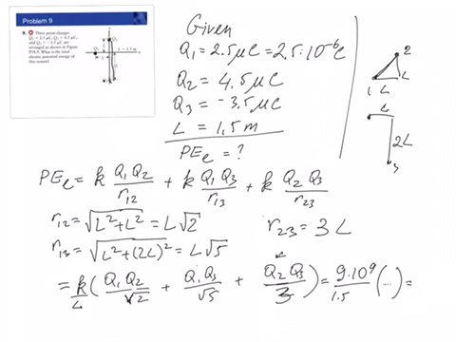We would get from the answers, hopefully it's okay, 7.2, 10 to the 3 joules for energy. Don't forget, for microcoulombs you have to use 10 to the minus 6. And that's pretty much it. So we're done with this part of the lecture.